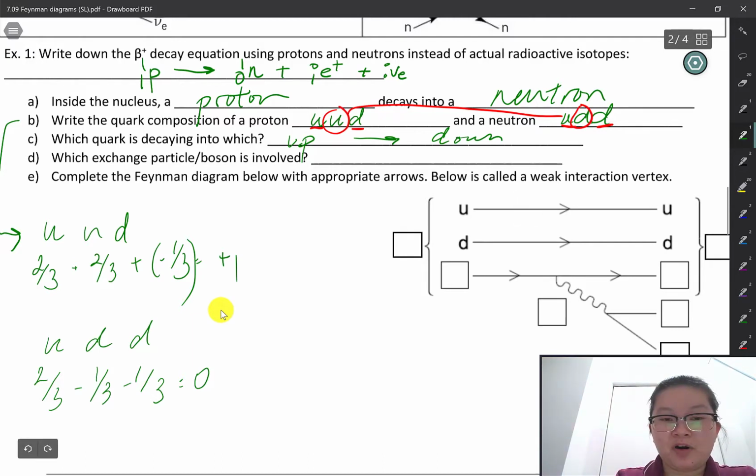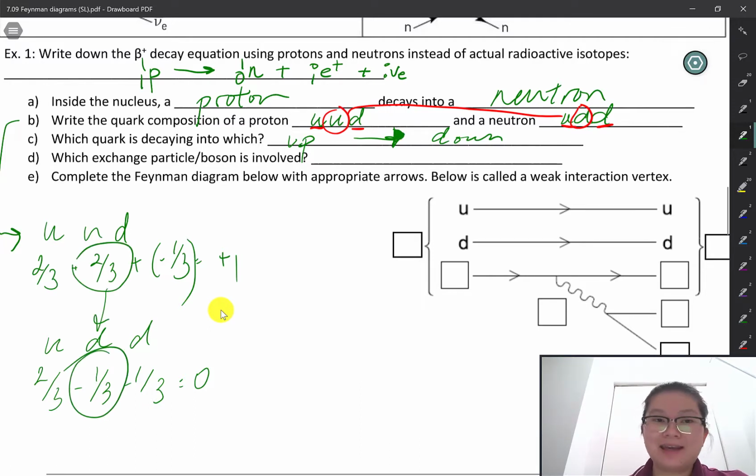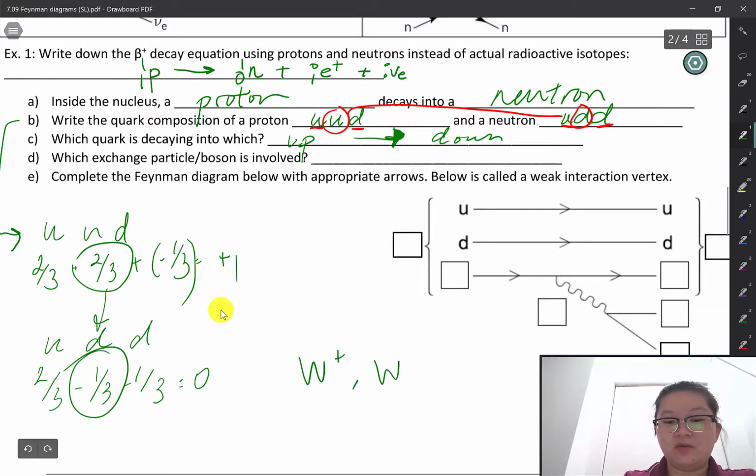Which exchange boson would be involved in this case? So we know that in any decay reaction, decay reactions are usually mediated by the weak force, not the strong force, not the electromagnetic force, the weak force. And since it is mediated by the weak force, we know it's either a W boson or a Z zero boson. So it's either one of these three bosons.